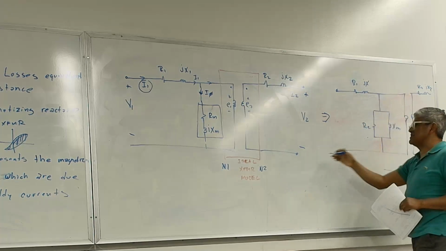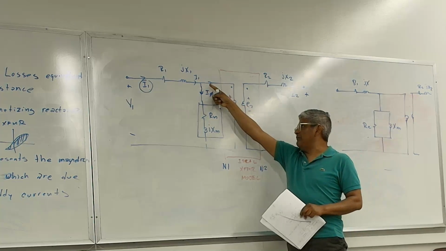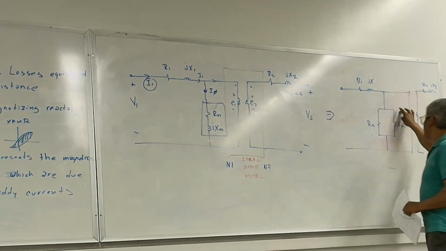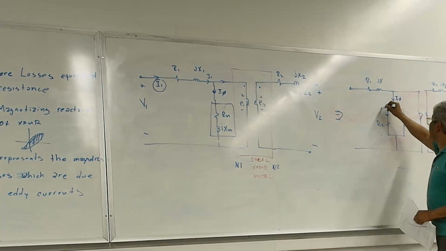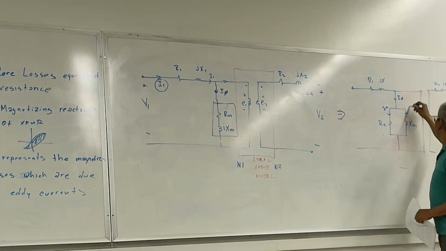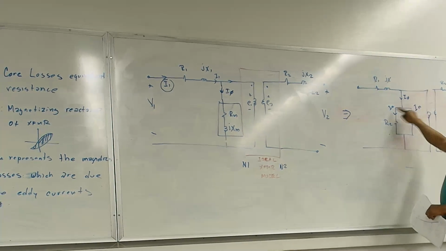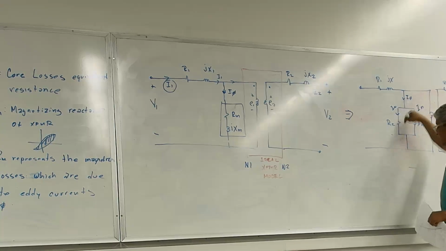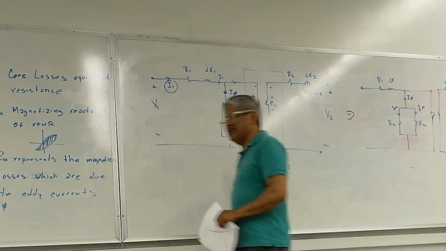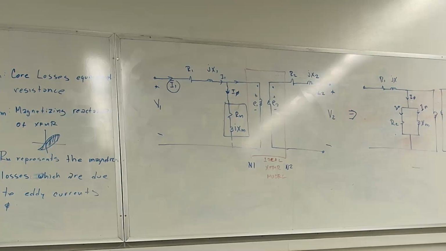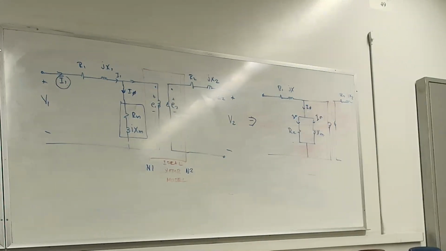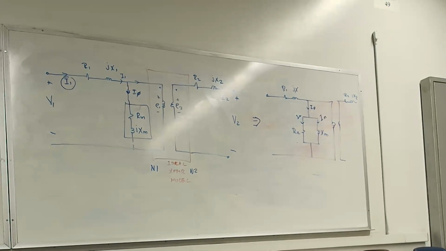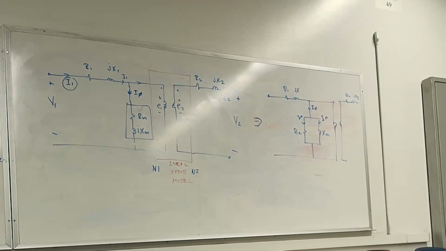The only thing that I changed is I took this series branch and converted it into a parallel branch. I'm going to call this IP, this IR, and this IM. So IR plus IM is what we call the excitation current of the transformer. But again, under ideal conditions, that impedance is really high in comparison to the primary and secondary windings, so for all practical purposes, there is an open circuit there.